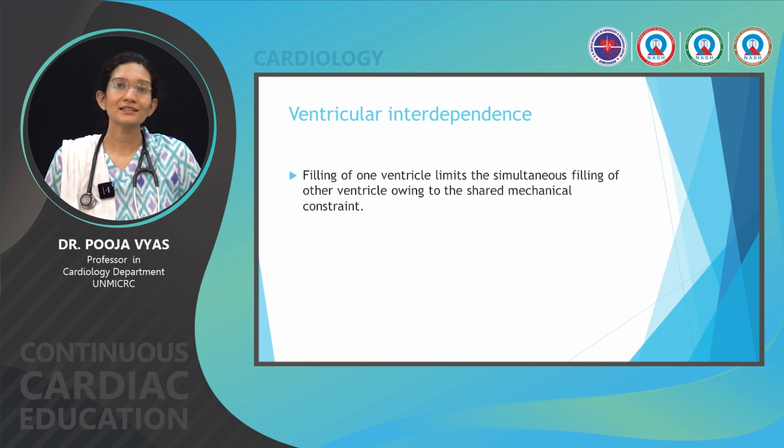Also, one of the characteristic findings in constrictive pericarditis is ventricular interdependence. It means that filling of one ventricle limits the simultaneous filling of the other ventricle because of the shared mechanical constraint.